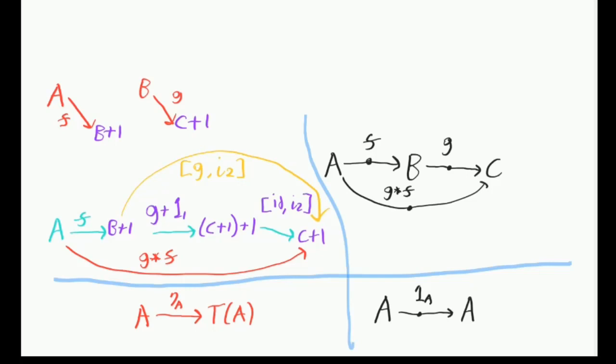And so basically we could say that the composition of these Kleisli arrows, F and G in this case, corresponds to the ordinary arrow where we just do this F here, and then we do this co-pairing of G and I2. There's a very direct way that we can interpret this.